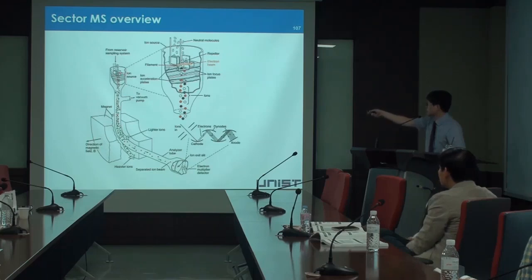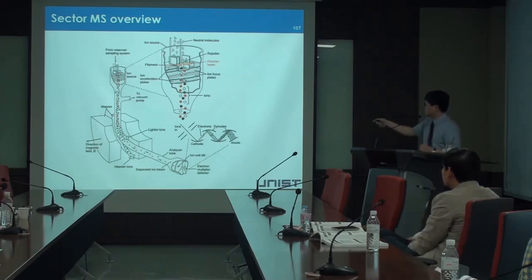There is an electron beam, a continuous electron beam, and the neutral molecule becomes an ion. The colored dots are ions, and this is a neutral molecule. So the ions enter into this pathway, and then are separated by magnetic fields based on their molecular weight.